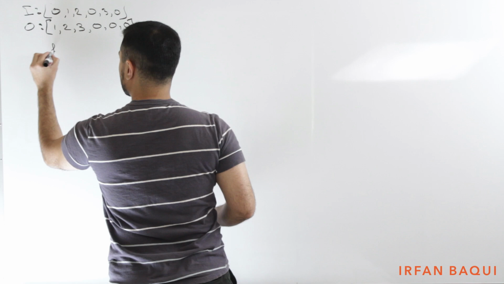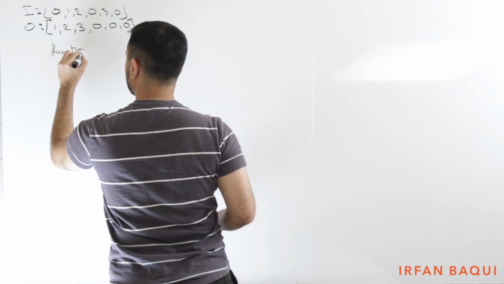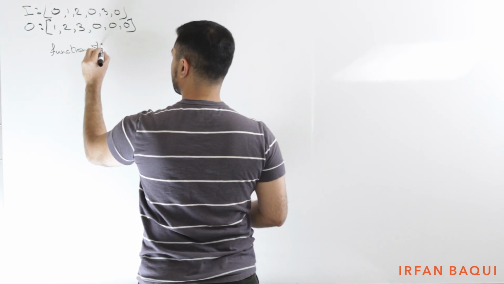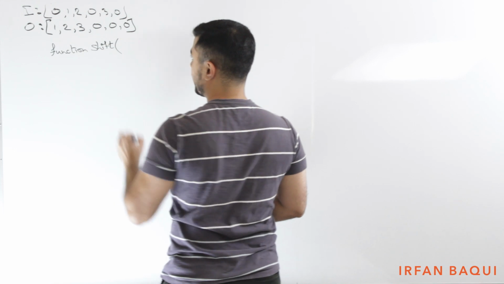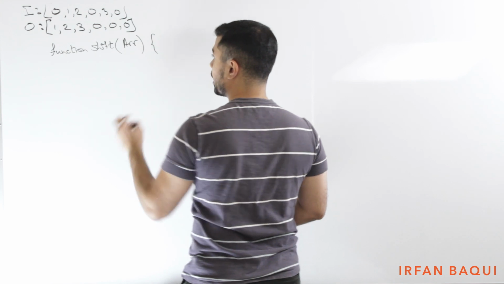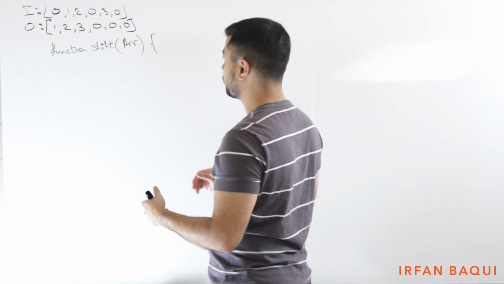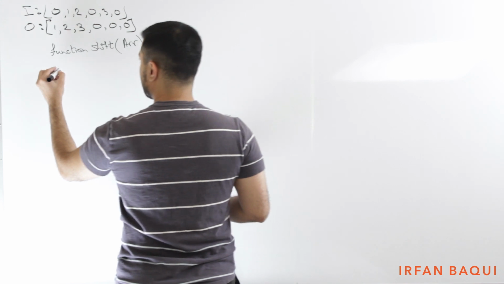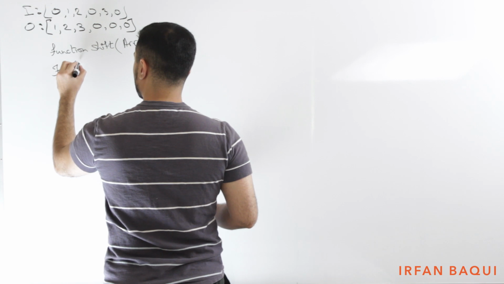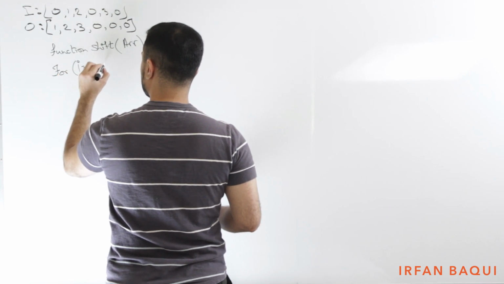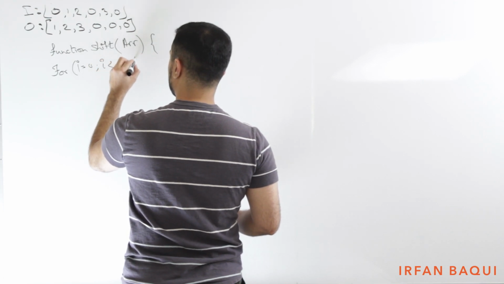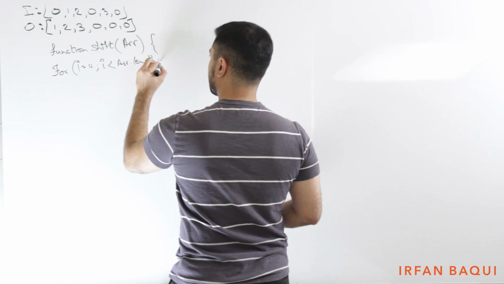So let's say I have a function, let's call this shift, and it takes in the array, and the output would be the same array but with the zeros shifted to the right. Now let's say I'm iterating, so for i equals 0, i is less than array.length, i plus plus.